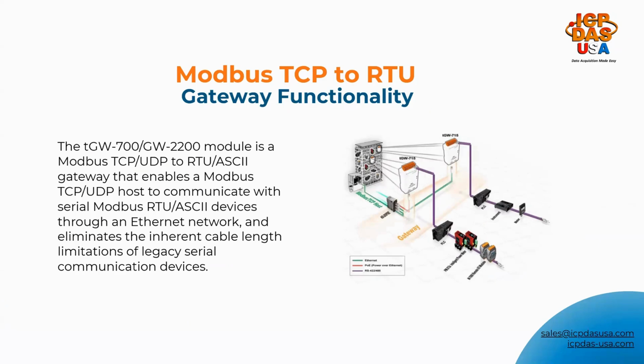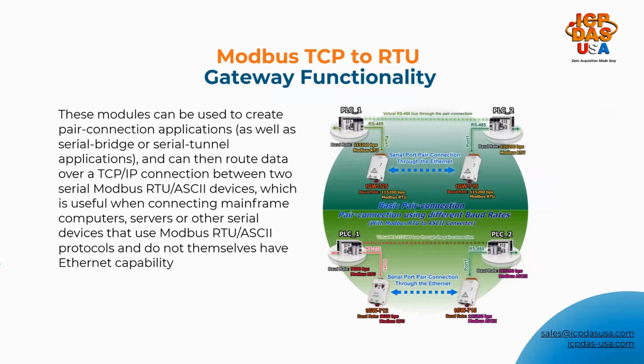GW2200 module is a protocol conversion that allows Modbus TCP/UDP hosts to communicate with Modbus RTU/ASCII devices over an Ethernet network. It translates Modbus commands between Ethernet and serial formats, effectively extending communication range beyond the physical limitation of traditional serial connections.